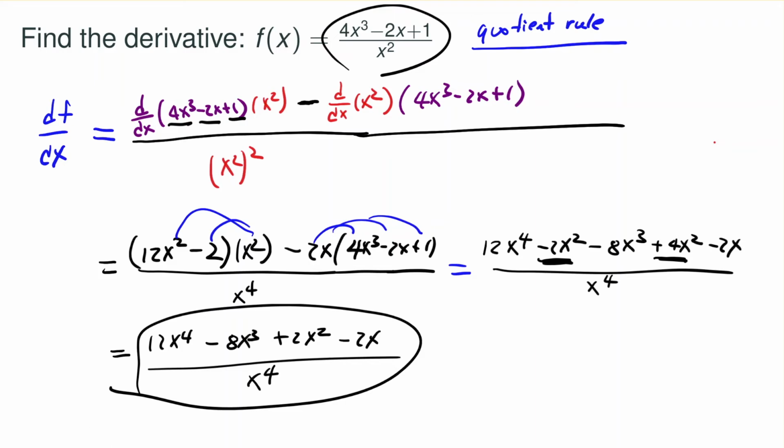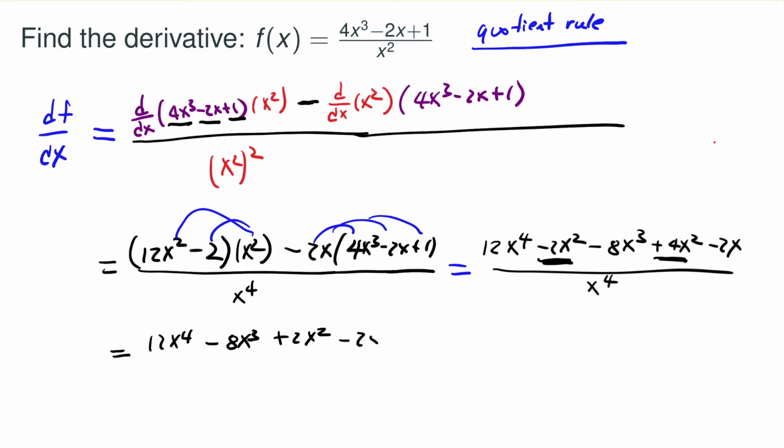Actually, I'm sorry, I made an error. Let me fix that real quick. When I distribute this right here, negative 2 times this should actually be 8x to the fourth, not third power. Okay.